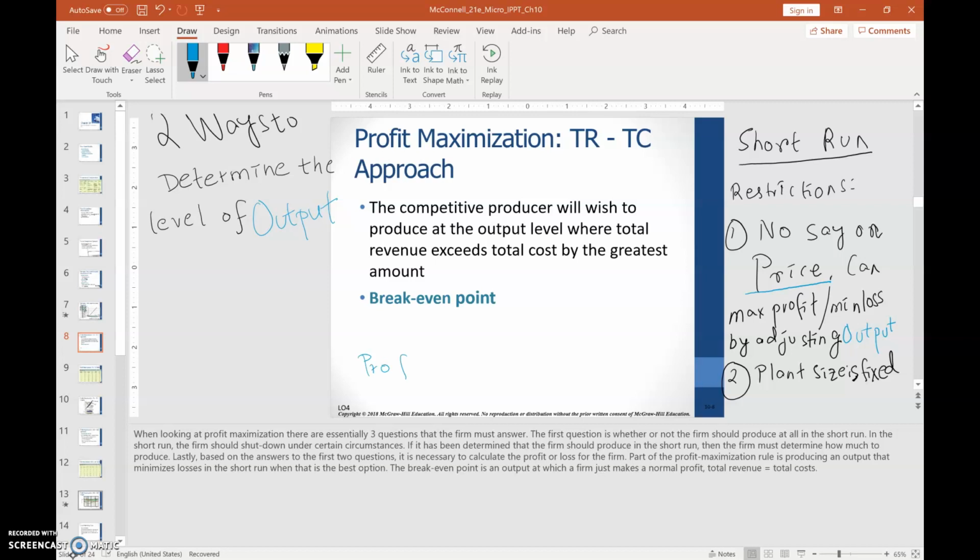So I can write here, profit is equal to the difference between total revenue and total cost. Break-even point is where the total revenue is equal to total cost, so that profit is equal to 0.